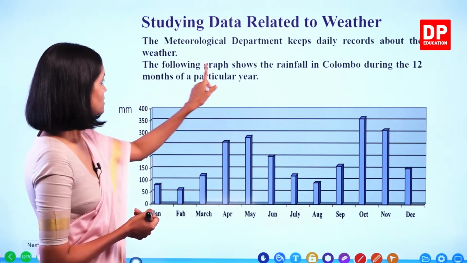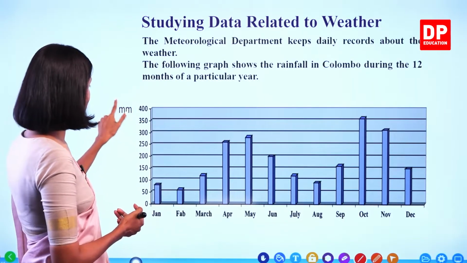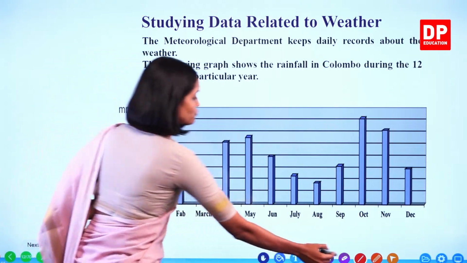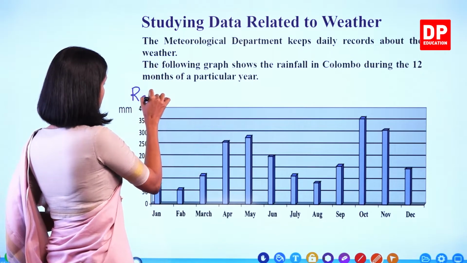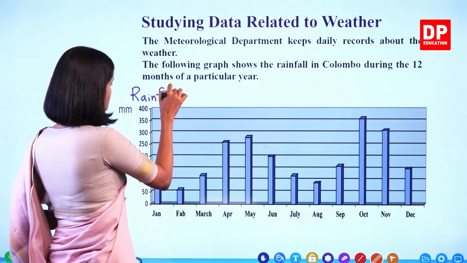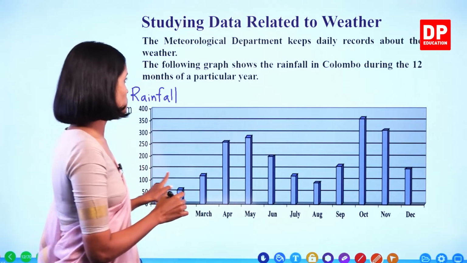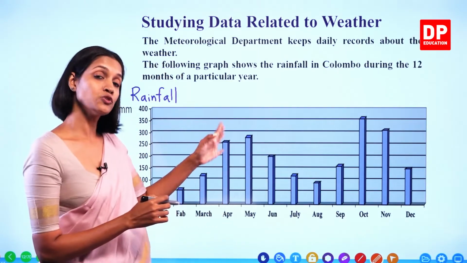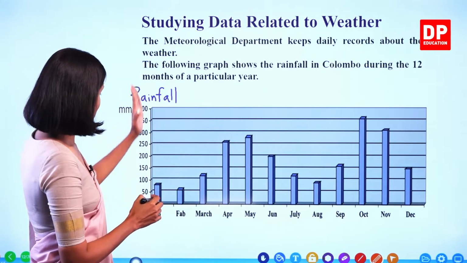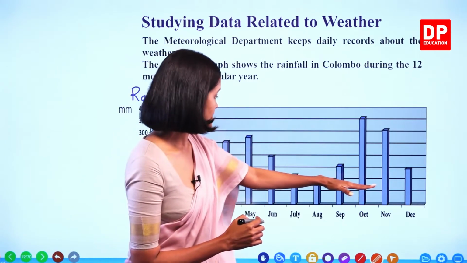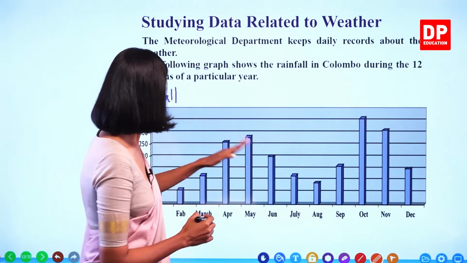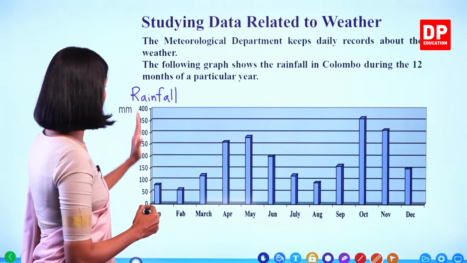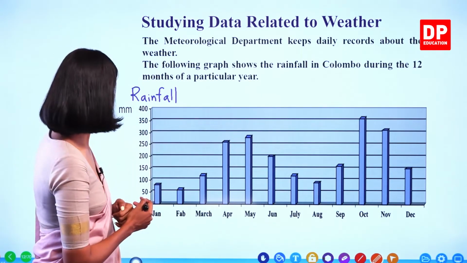Now here, rainfall is given in millimeters. We'll write here rainfall. So you all know when it comes to a graph, there are two axes. This is the y-axis, this is the x-axis. So the x-axis here gives the time in months and the y-axis gives the rainfall in millimeters, right?